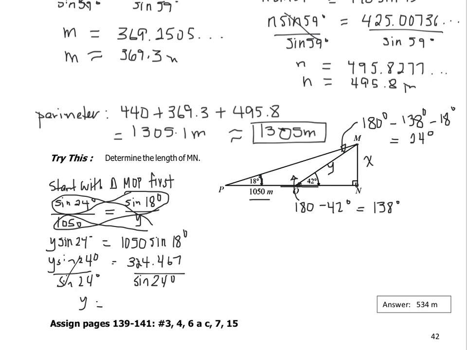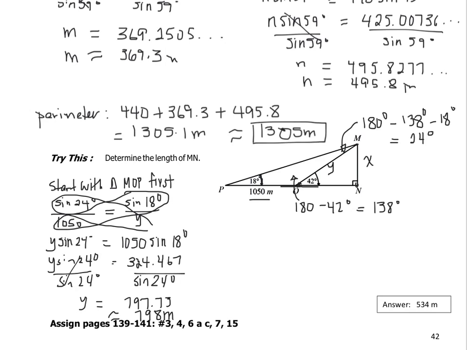I'm left with y equals, and that will give you 797.73. So if I'm rounding that to the nearest tenth, it would be 797, or to the nearest meter, is it? I'll just keep it to the nearest meter because that's what 1,050 is, to the nearest meter. So if we round that to the nearest meter, it would be 798 meters.